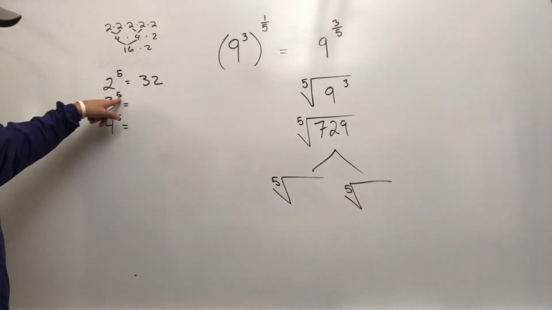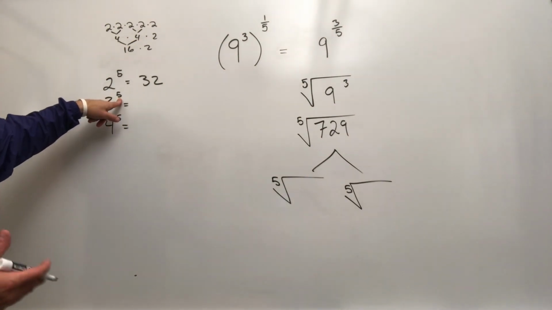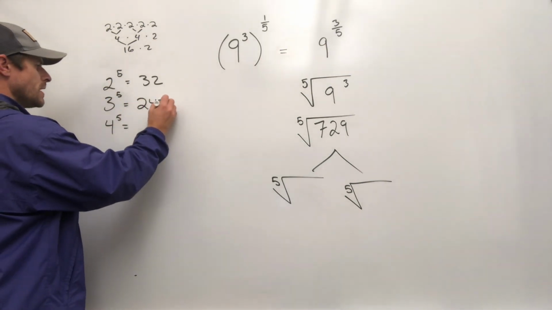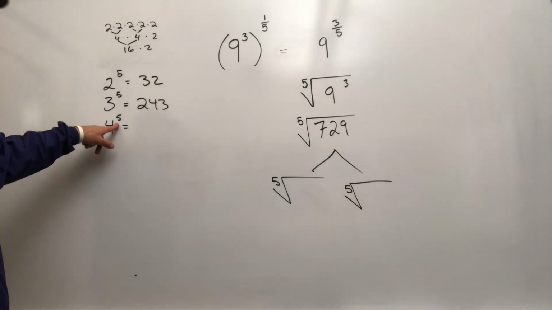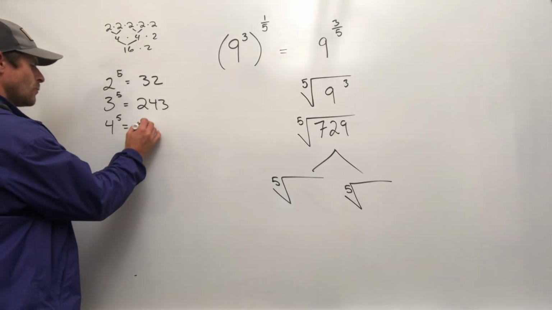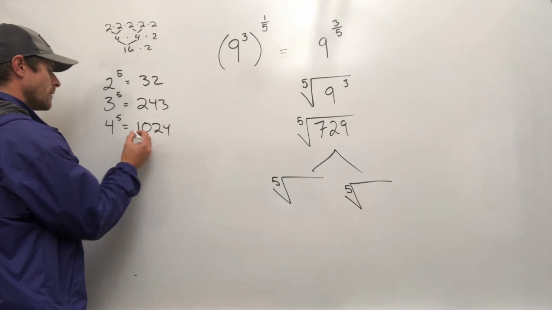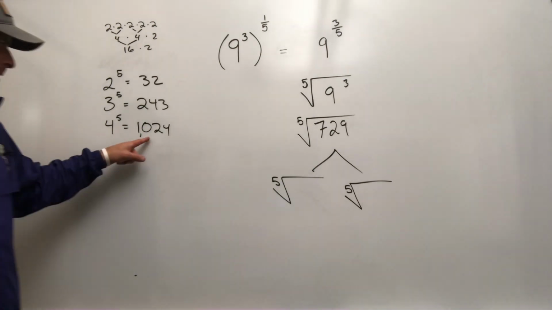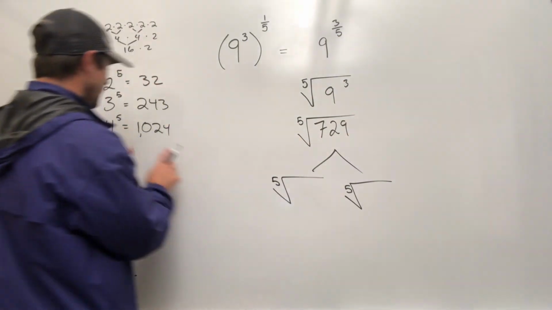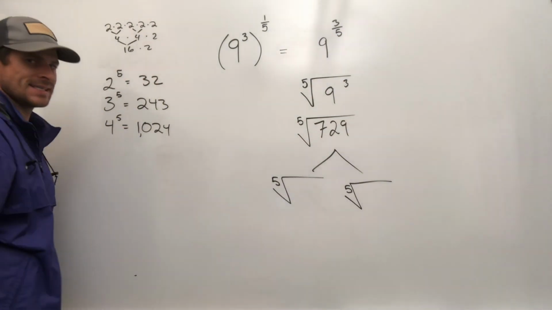Then I would go 3 to the 5th power, which is just 3 times itself 5 times. That actually comes out to 243. And then 4 to the 5th power, 4 times itself 5 times. I believe that comes out to 1,024 if I remember correctly. Don't quote me on that, but the fact that it's 1,000 right there, well, I can't take 729 and divide it by 1,000 and hope to get something nice and neat.